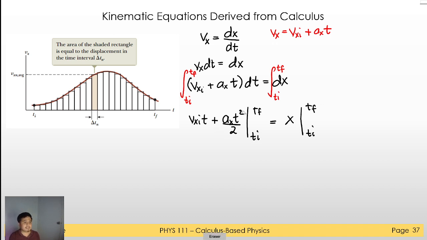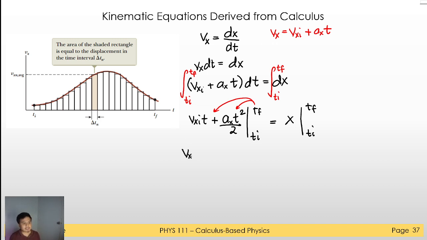Now, to simplify this, we will just substitute the values of ti and tf for the variable t here. For the definite integral, we have the function evaluated at the upper limit minus the function evaluated at the lower limit.